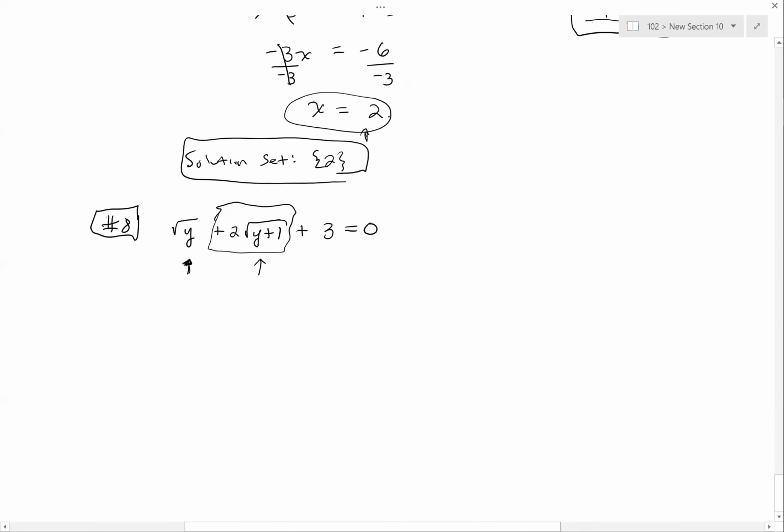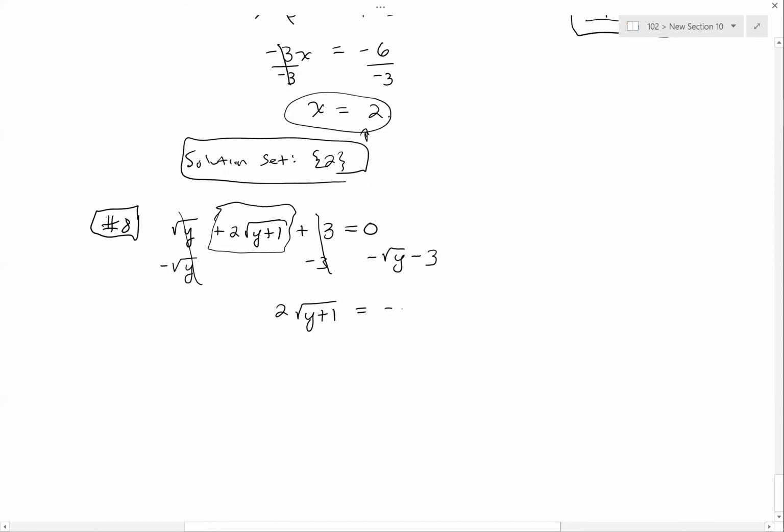So I'm going to choose to isolate what I boxed in there. To isolate that term, I'm going to subtract the square root of y and subtract the 3 from both sides. That will remove those 2 terms from the left-hand side. I'll have 2 times the square root of y plus 1 on the left-hand side.